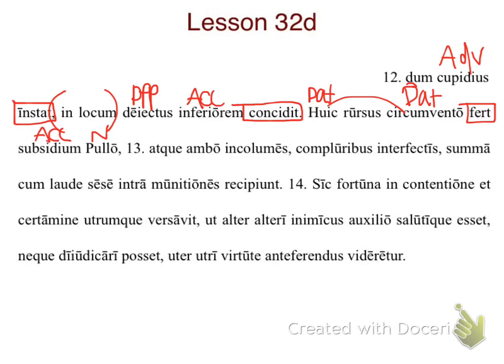Is it okay that I just cut it off, like, right after Pullo? Yeah. Okay. So I have... Let me see.